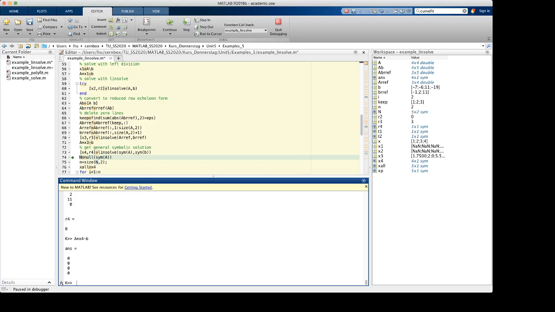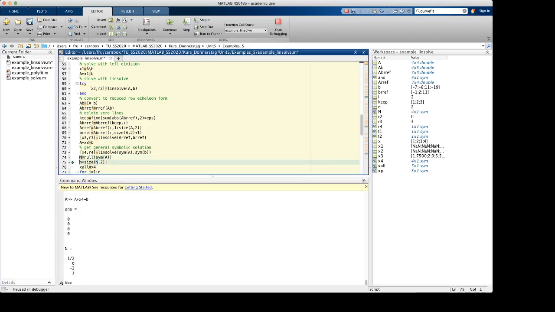Now we do the same trick as before. We look at the null space and we add arbitrary multiples of the basis of the null space. Let's look at the null space. This is dimension 1, so we have only one basis vector. So small n is 1. And we do the same procedure as before.